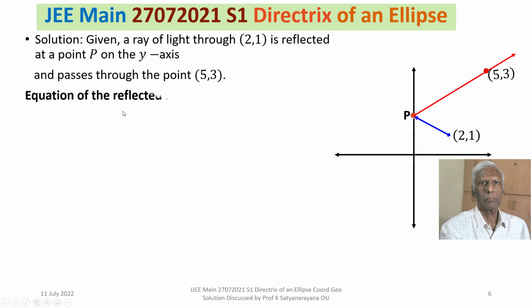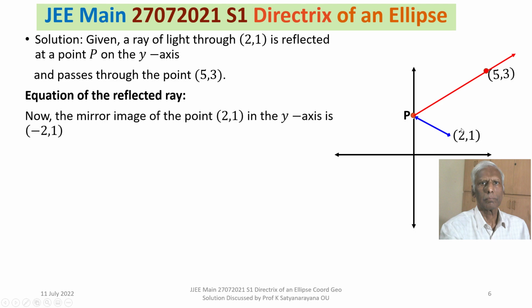Now, we want to find the equation of the reflected ray. But we are given only that the reflected ray passes through (5, 3), and unless one more point is given on it, we cannot find its equation. Otherwise, the slope of this line should be known. So, what we do is take the reflection of (2, 1) in the y-axis.